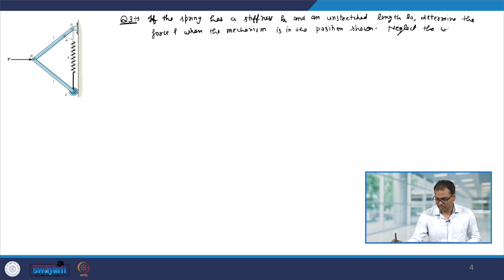Neglect the weight of the members. To solve this question, let us first make the free body diagram.